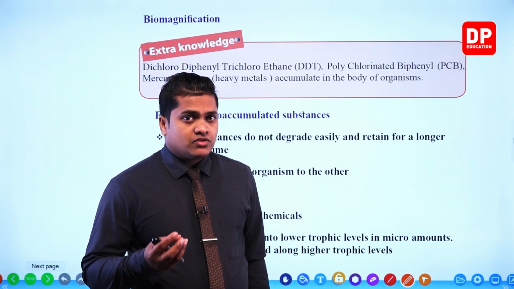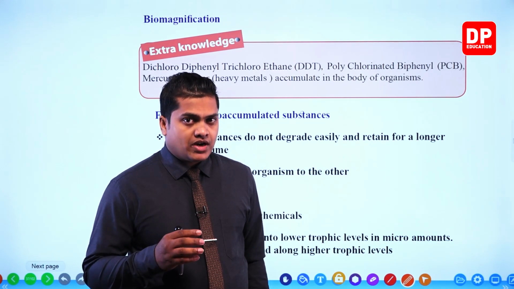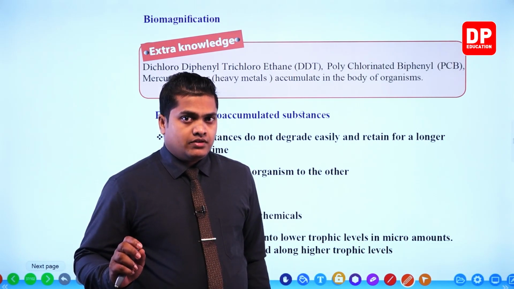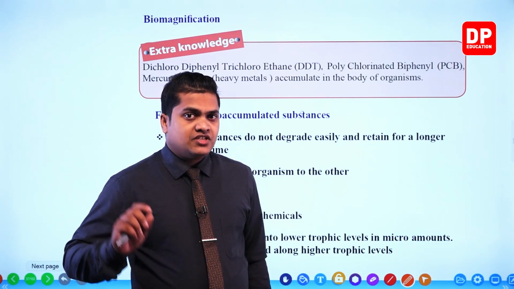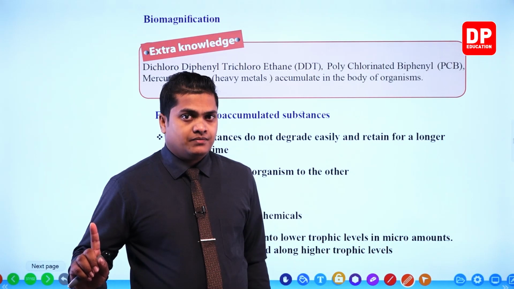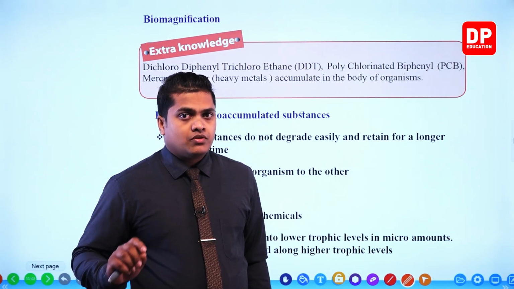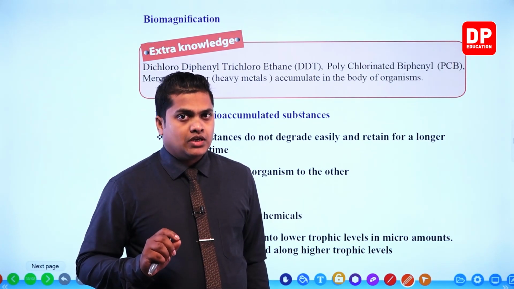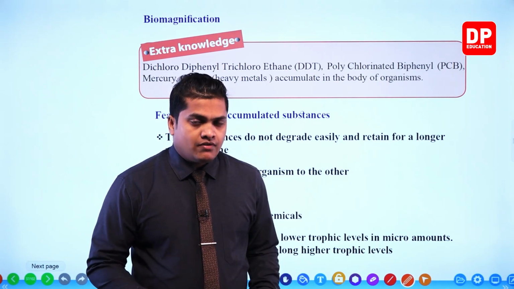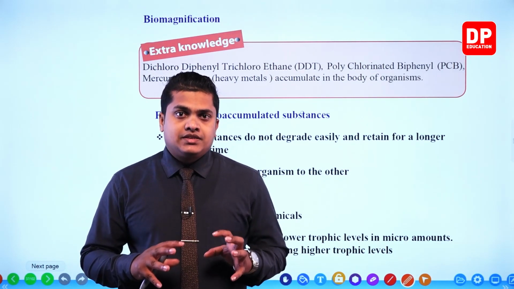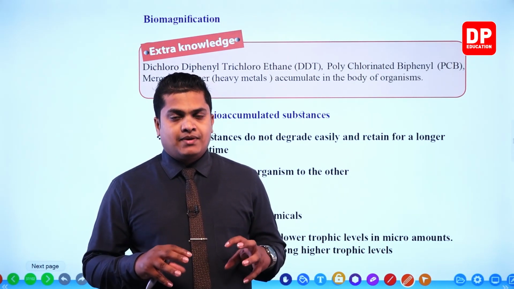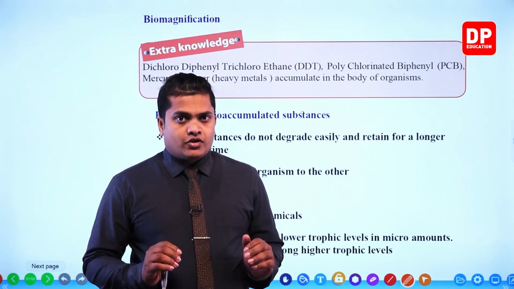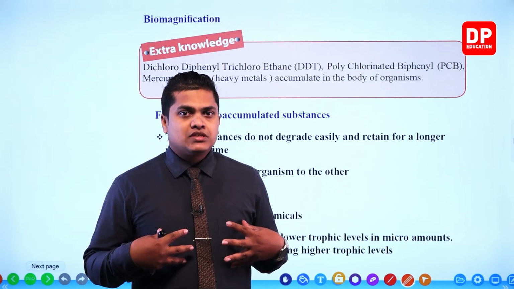However, when passing from trophic level to trophic level, the organism at the last trophic level will have a large amount of these toxic substances within its body, because when passing from one trophic level to another, these substances multiply in number.